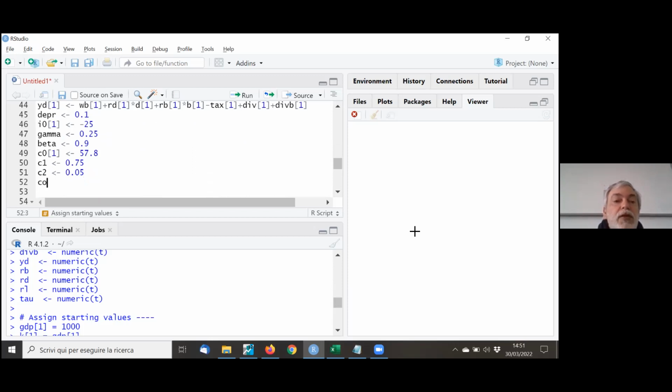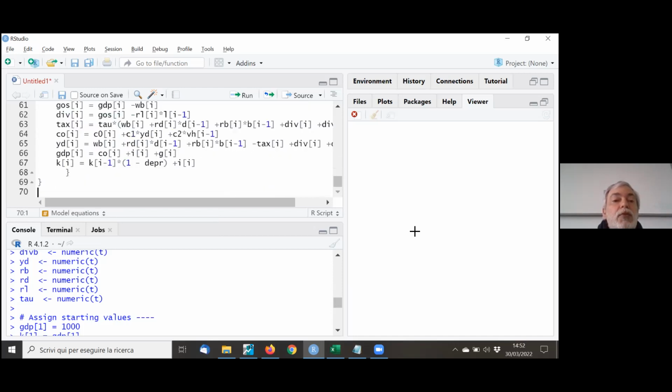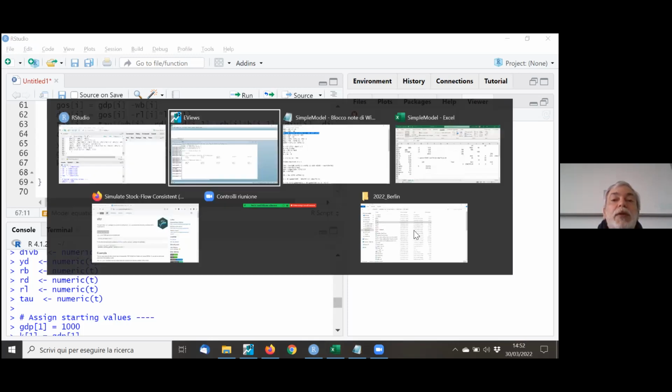So here CO1 is given by C01 plus C1 times YD1 plus C2 times BH1, and INV1 should be what I was going to type, didn't type yet.